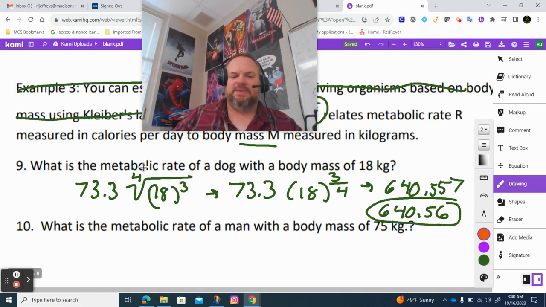Now, if we do the same thing with changing this 18 to 75, 73.3.